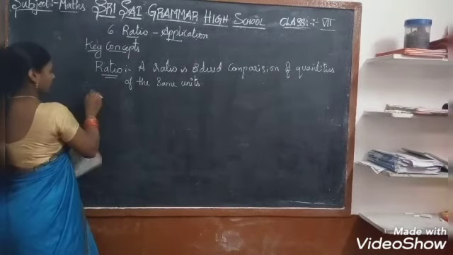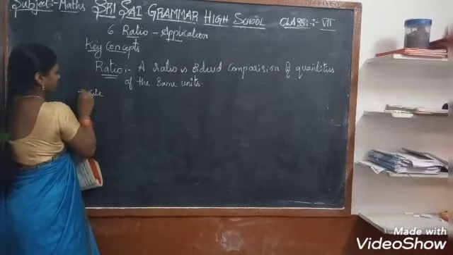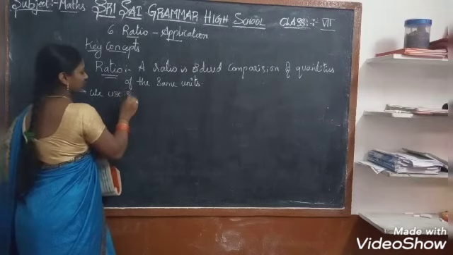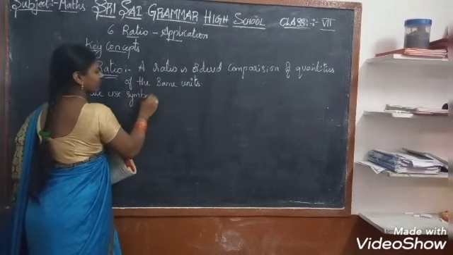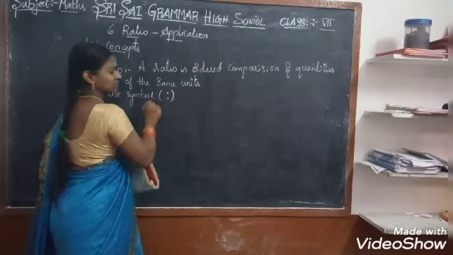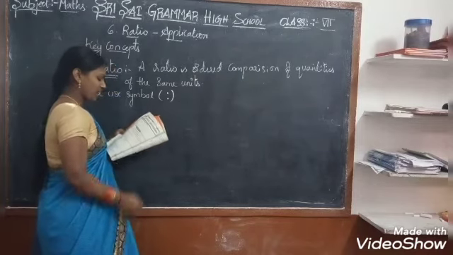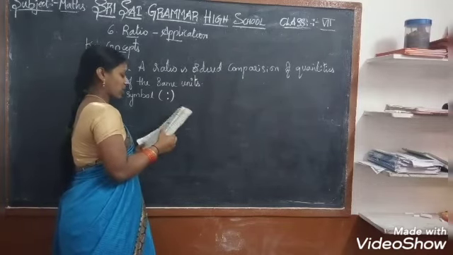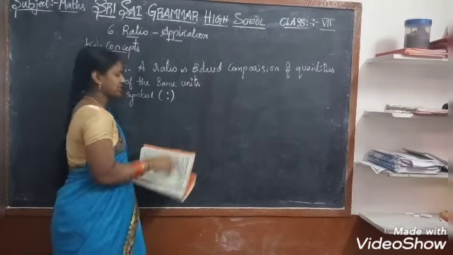We use a symbol. This is the symbol we are going to use, and we call it "is to".